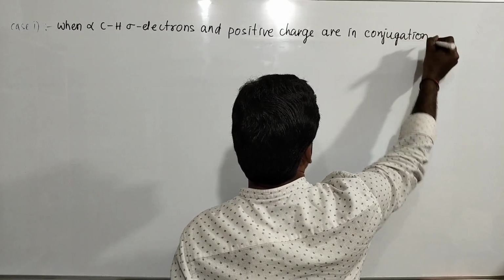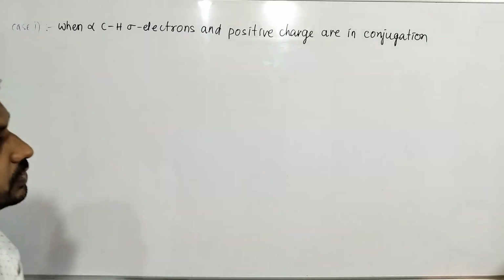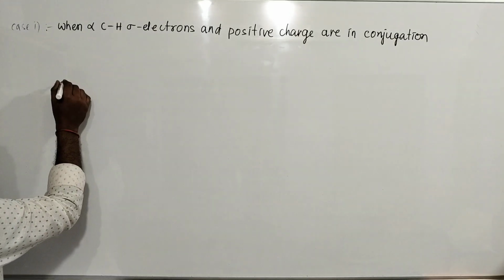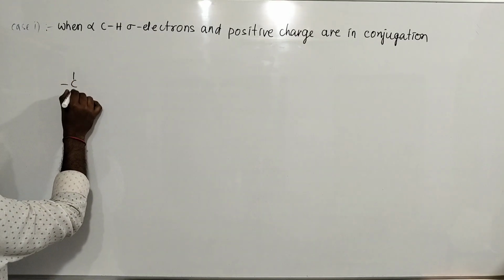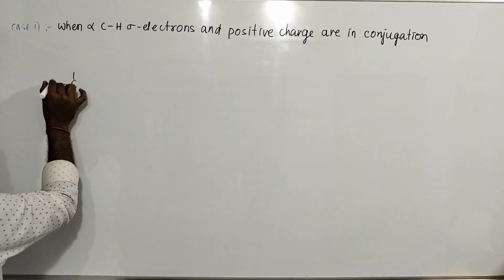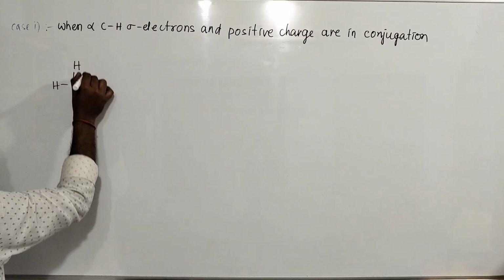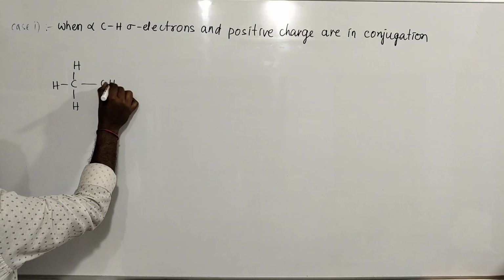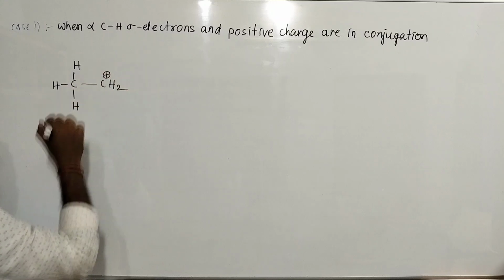Alpha carbon C-H sigma electrons and a positive charge in combination. Example, like this.